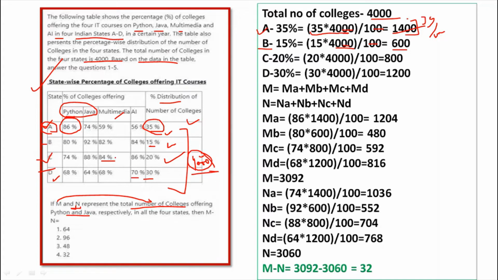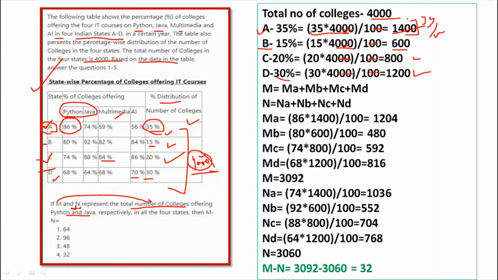For state C, we are given 20%. So 20% of 4,000, cancelling two zeros, we are left with 20 into 40, which is 800. And then for state D, we are given 30%. So 30% of 4,000, again two zeros cancelled, and 30 into 40 is equal to 1200.